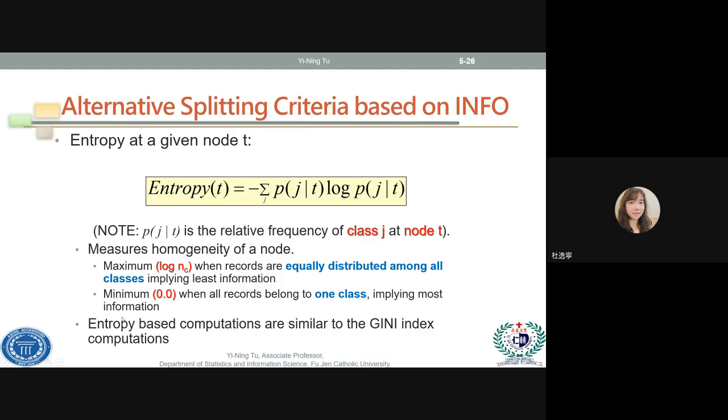So they both start from 0. The best is 0. The worst case is 0.5 for Gini, and the worst case for entropy is 1. So it is more sensitive, and can express the differences between each node more clearly.